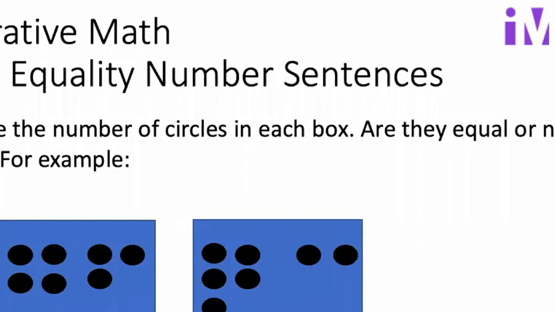For example, in this box we have 4 plus 3, and that equals 7, correct? And then in this box we have 5 plus 1 plus 1, which equals 7. Are these two boxes equal? Yes, they are.